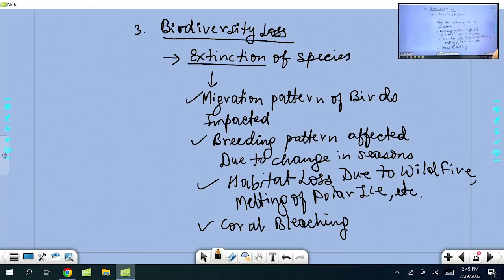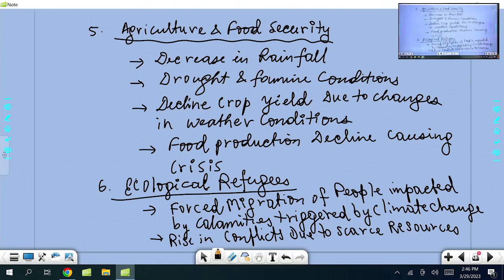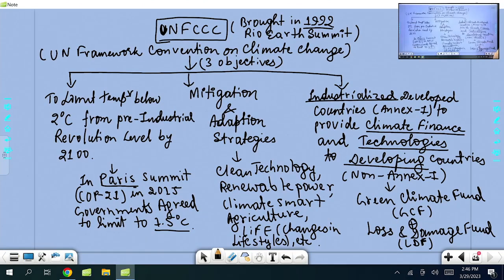There are many such impacts. Biodiversity loss, extinction of species, health impacts, agriculture, food security, ecological refugees. Then I discussed UNFCCC 1992 Rio Earth Summit and I mentioned 3 objectives: limiting temperature to 2 degrees Celsius, adaptation, mitigation, and then developed countries to give finance and technology to developing countries. Green Climate Fund, and now the loss and damage funds, right?